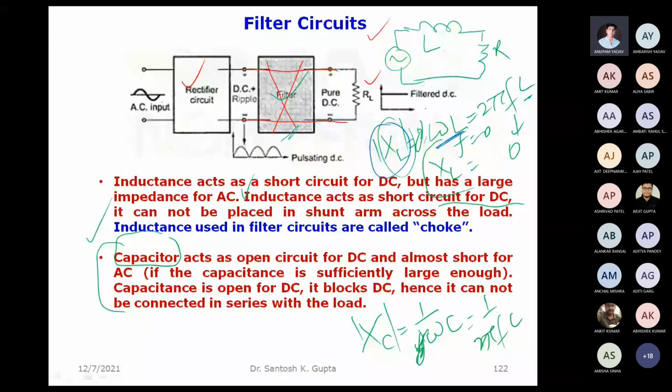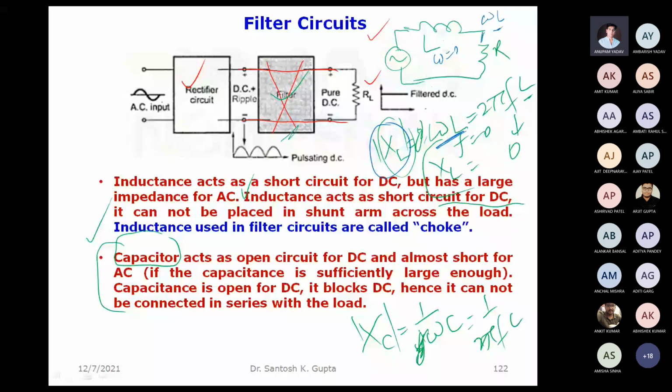So for DC signals, the frequency omega is 0. Omega is the angular frequency, where f is the frequency in hertz. Hertz is the number of times a signal is changing its value per second. So omega L for a DC signal is 0.